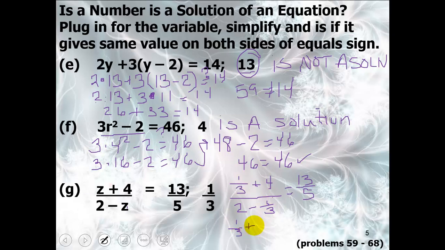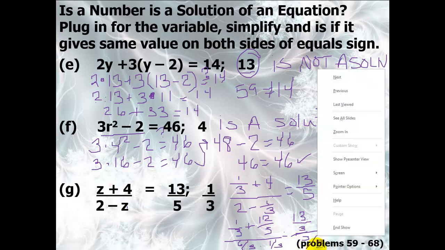If I want to convert this into thirds, I need to multiply 4 by 3. So 1/3 plus 12/3, and now I have to make 2 into thirds, so that's 6/3 minus 1/3. So I get 13/3 over 5/3.